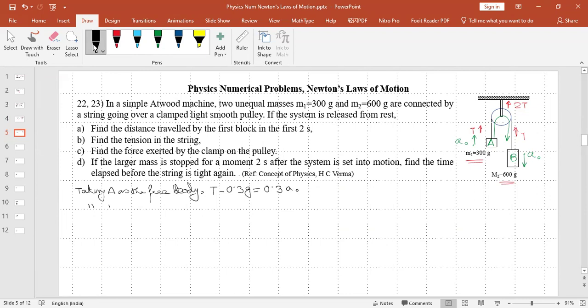And similarly, taking B as the free body, the downward force is 0.6 g minus T. Its downward acceleration is a0, mass is 0.6, so it equals 0.6 a0.